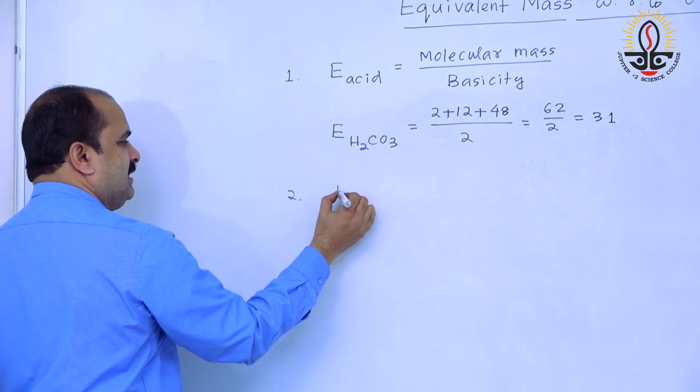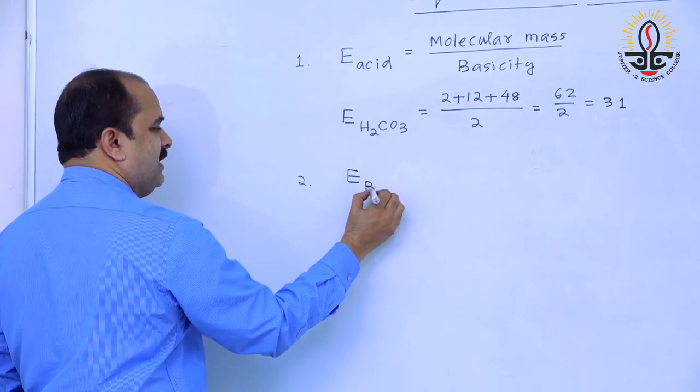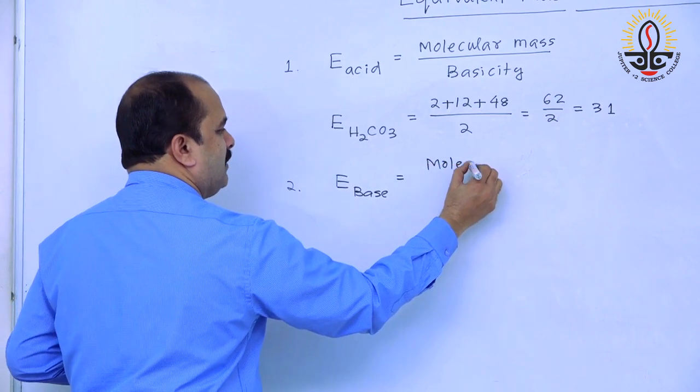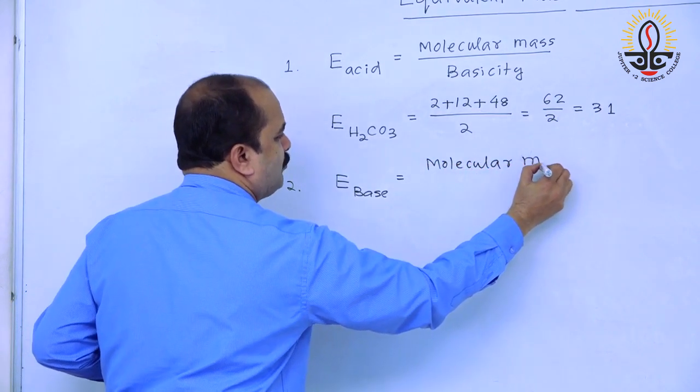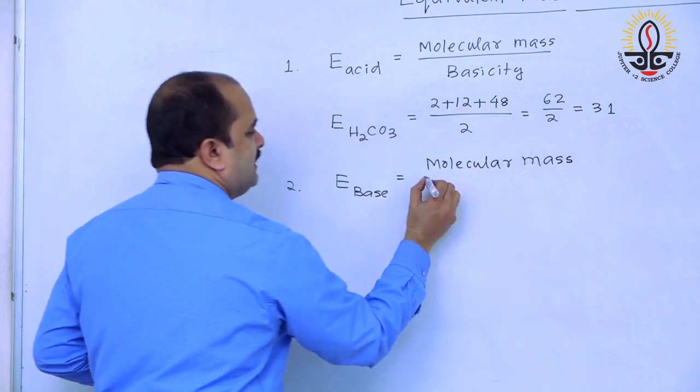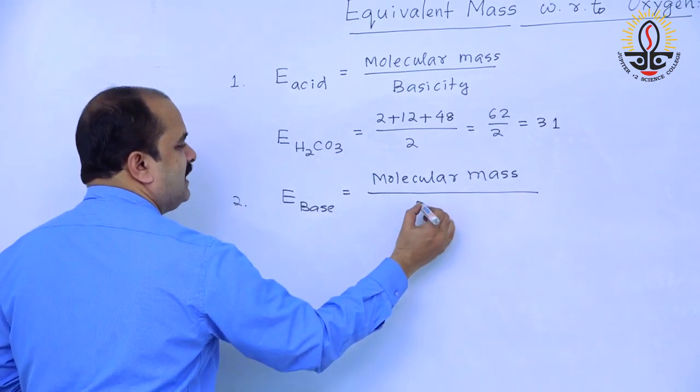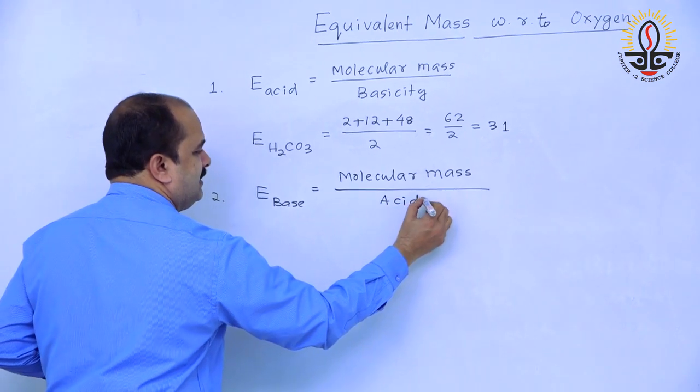Number 2 is equivalent mass of base. It is equal to the molecular mass divided by the number of OH minus present in the base, which is known as acidity.